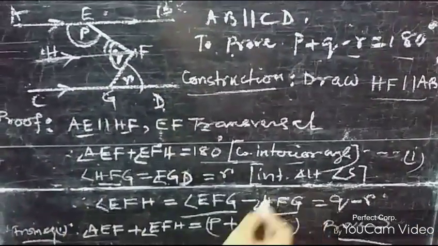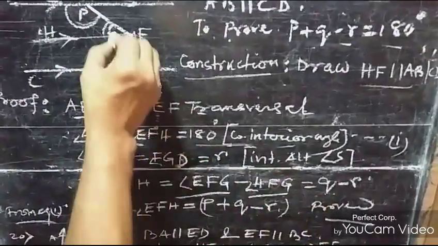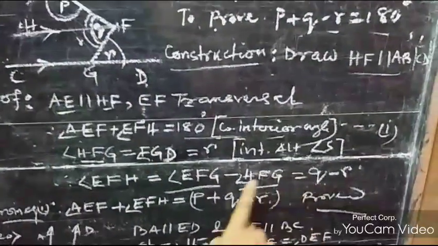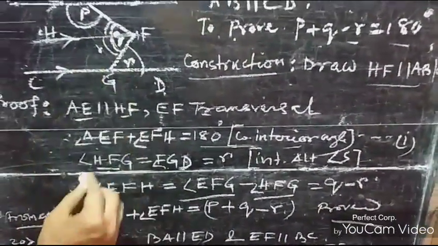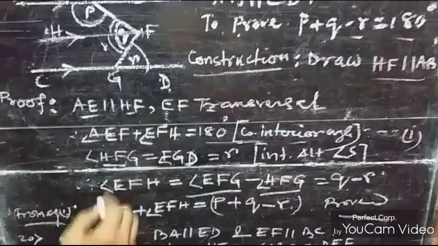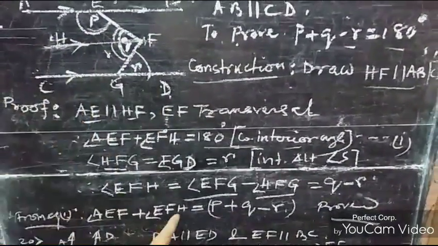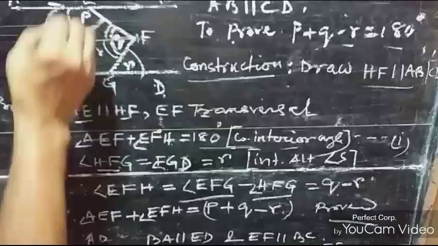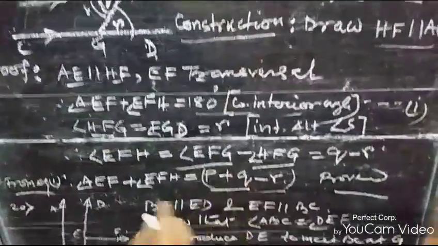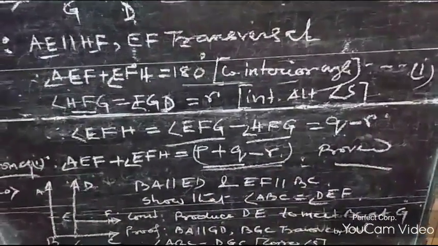The bigger angle is Q, that is EFG, and this angle is R. So this is Q minus R. Now putting the value, this is equation number 1, so putting the value over here, angle AEF plus EFH equals angle P, and this angle is Q minus R. So this is what was required to prove, and this is proved.